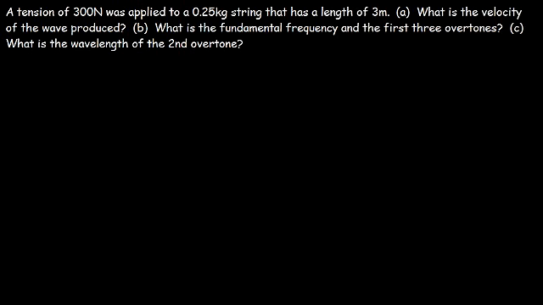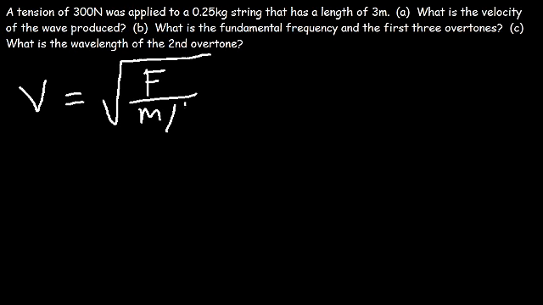A tension of 300 newtons was applied to a 0.25 kilogram string that has a length of 3 meters. What is the velocity of the wave produced? So the equation that we need is this equation. First, let's calculate the linear density, which is the mass divided by the length.